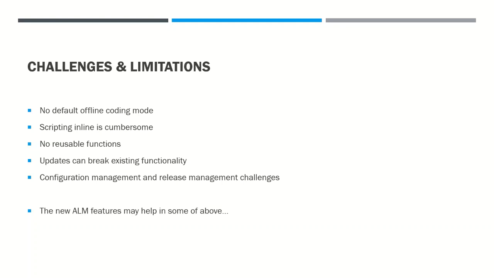So you may need to look at it. But that happens with almost all development environments where you modify your operating system version or patch or service pack, etc. One last thing that is a challenge is configuration management and release management.